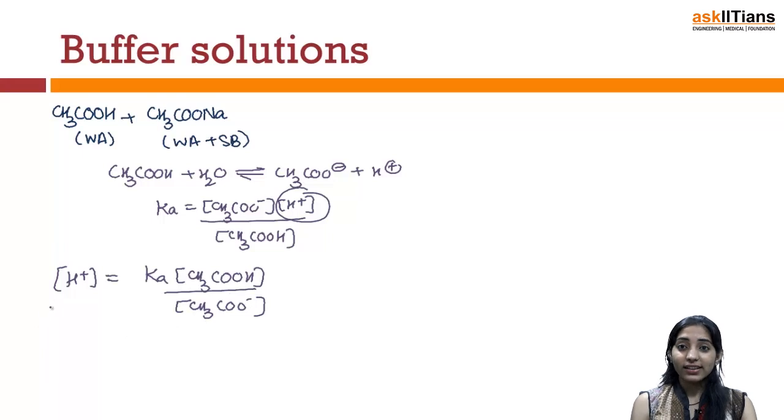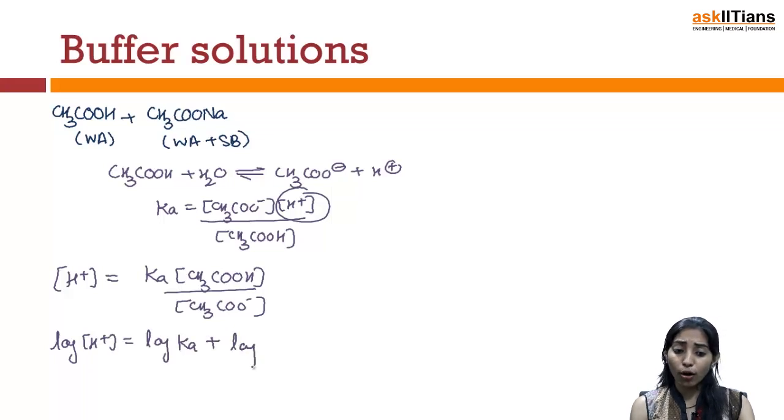Now if I take the log on both sides, I can say that log of H positive will be log of Ka plus log of CH3COOH divided by CH3COO minus.